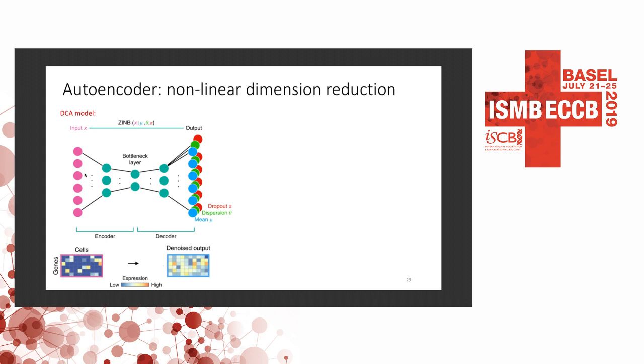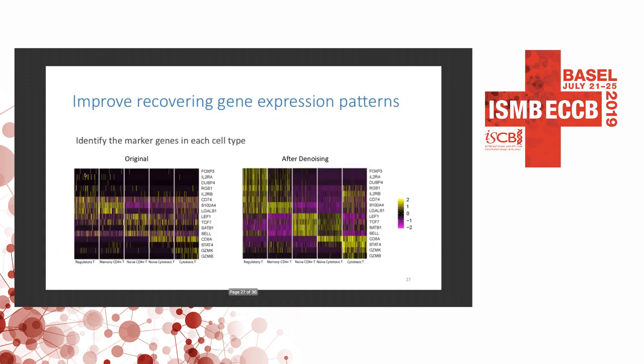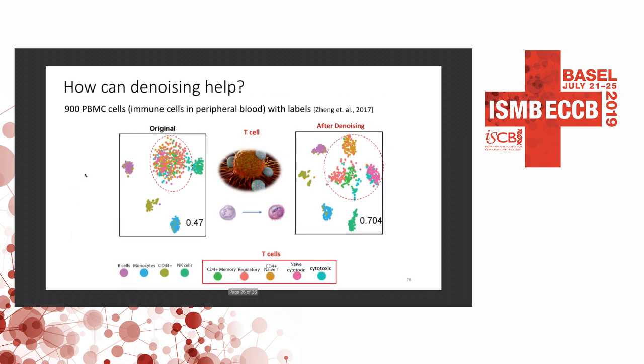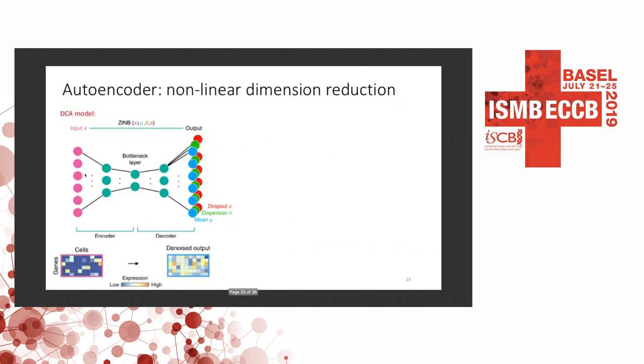Oh, I hope I understand your question correctly. Here we see classification better, but this denoising is not just for clustering. Our goal, this loss function, is just for getting better quality data.